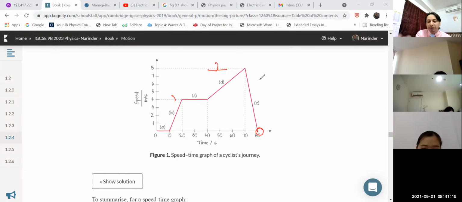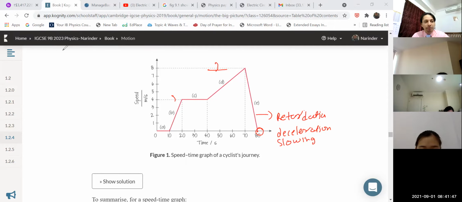It means now it is slowing down, slowing and slowing down. So the word I can use is retardation. Retarding motion, retardation, or deceleration. These are a few words. Or slowing down.